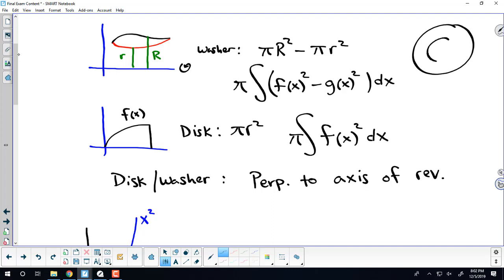What we're actually finding is the area of the washer itself. So there's our outer radius, there's our inner radius, but all we're after is this area here. Each one of those rectangles or cross sections is sweeping out one of these things.